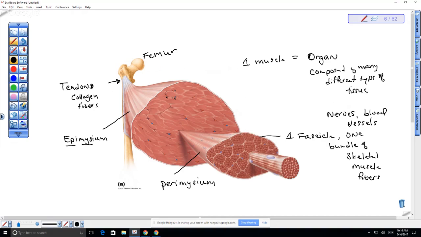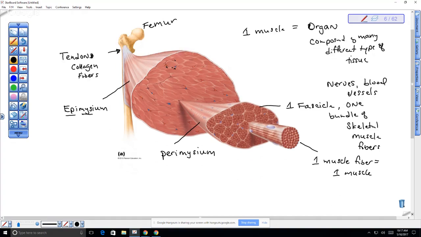Okay, so this right here is one muscle fiber. And this is actually one muscle cell. So it's kind of confusing because when you look inside that muscle cell, it looks like there might be more than one muscle cell, but this is actually the cell.